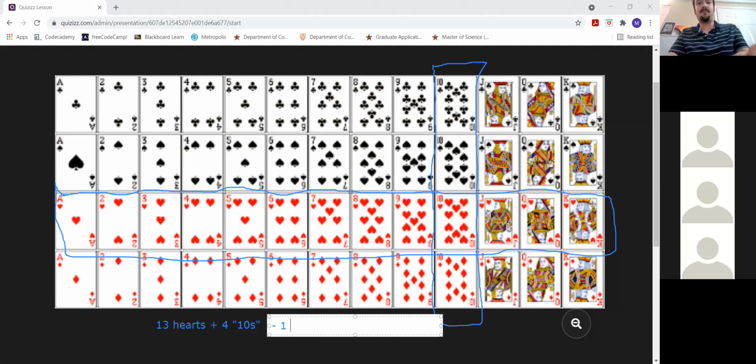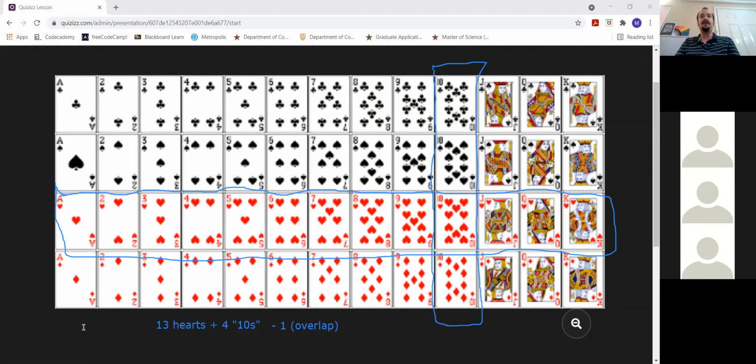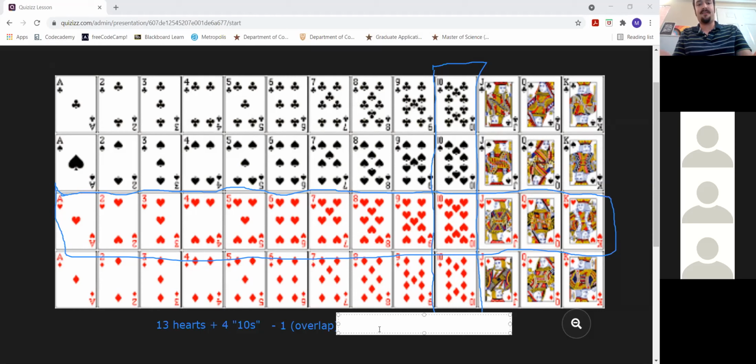So minus 1 that's in their overlap, right? So you have to subtract your overlap anytime there is an overlap. Because when you add 2 different sets, you're adding that overlap in twice. You have to take back out whatever you added twice. So minus 1 for the overlap. The overlap here is called 10 of hearts, if I wanted to be really specific.